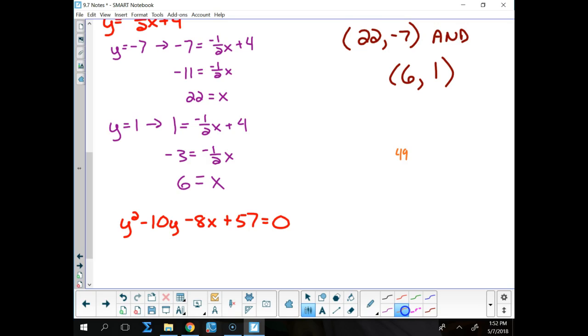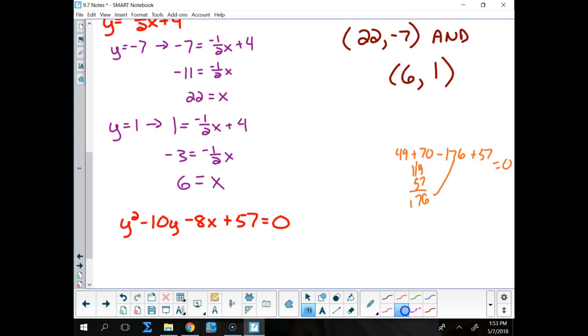Negative 10 times negative 7 is plus 70. 8 times 22 minus 176 plus 57. That's 119. I'm going to go plus 57 here. 176. Those cancel out. That equals 0.